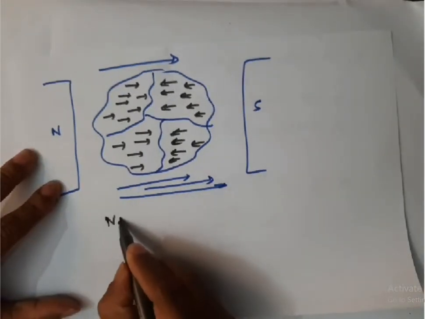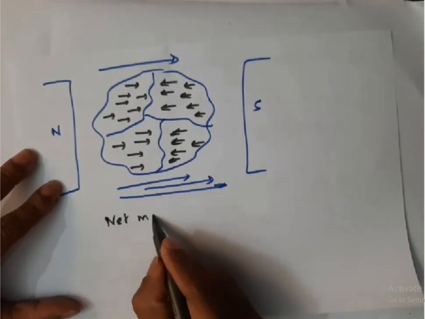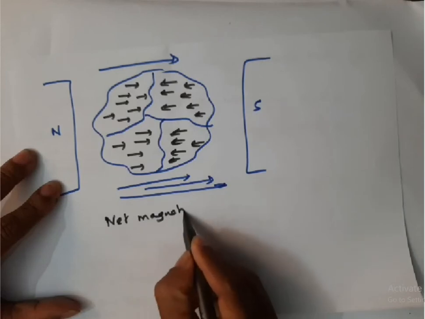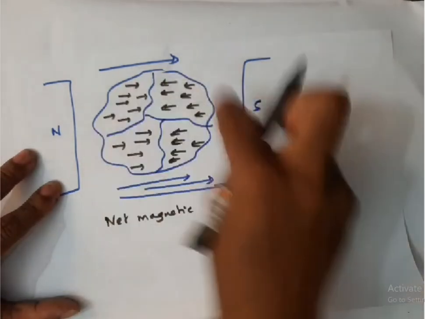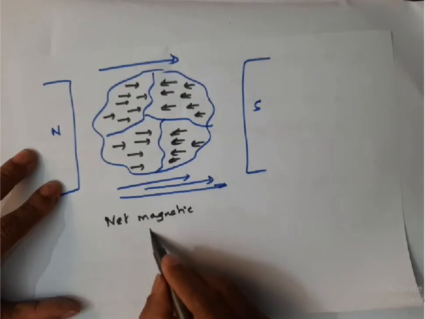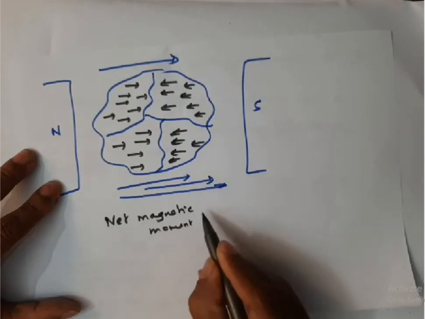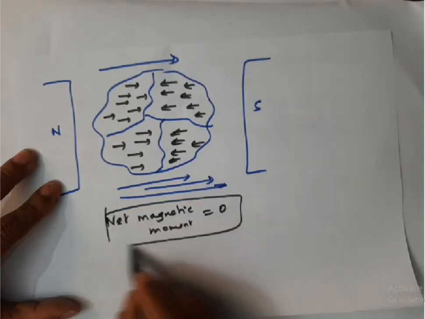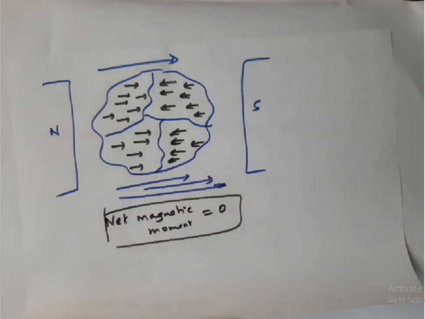Now here, the net magnetic moment, what I'm saying is the total, right? The net magnetic moment becomes 0. So the material is not attracted by the magnet. Is this clear, students? Yes, this is very, very important.